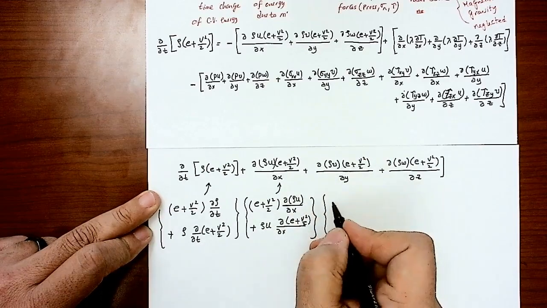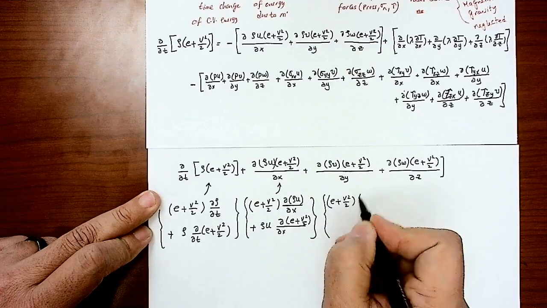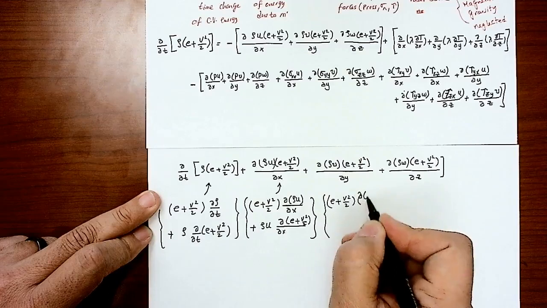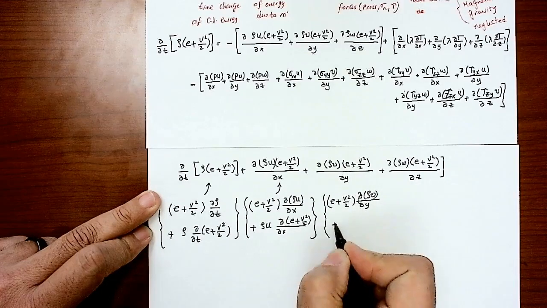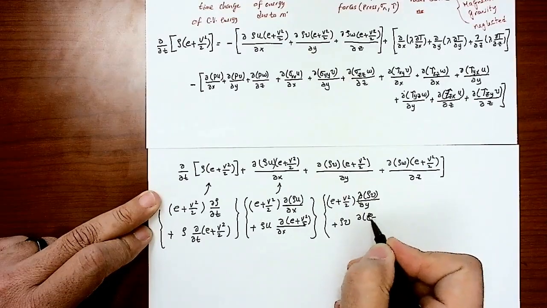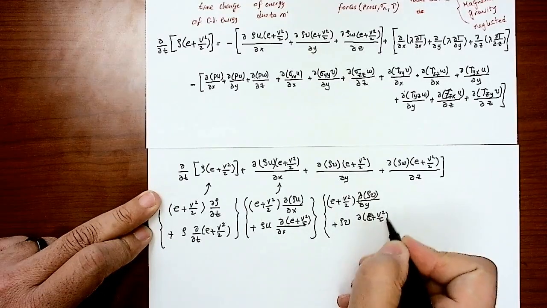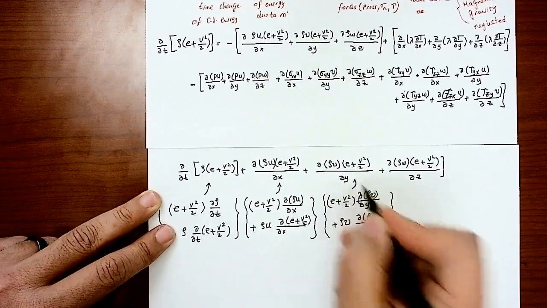Here, I will have (E + V²/2) ∂(ρV)/∂Y plus ρV ∂(E + V²/2)/∂Y. Two terms for this one.